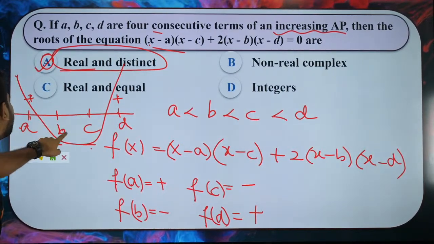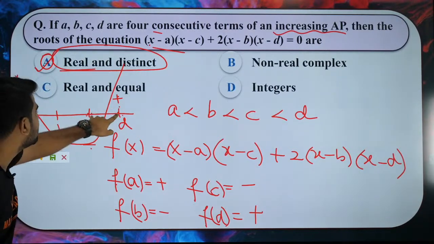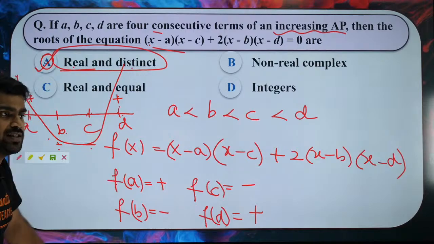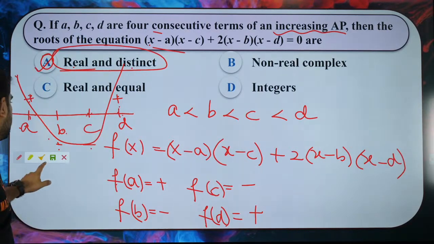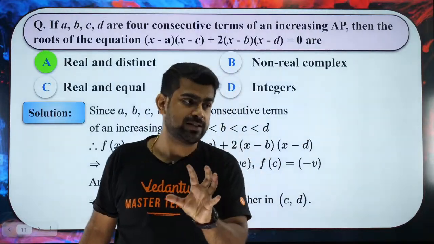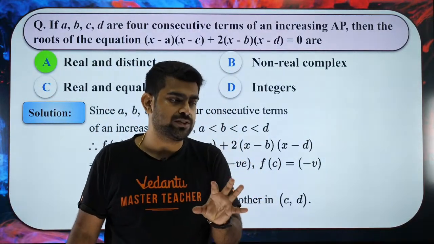So between A and B there will be one root, and between C and D there will be one root. So there are two roots in two different intervals. So they are real and distinct roots. That's the answer. Brilliant question. This is the level to which you have to practice.